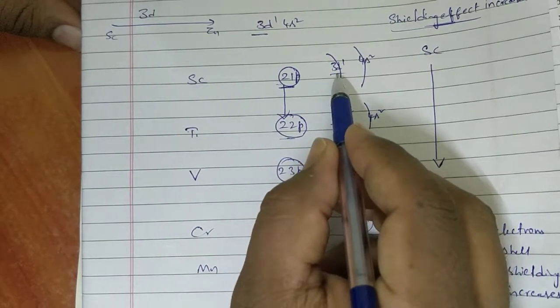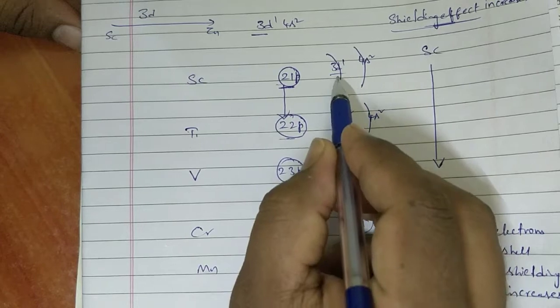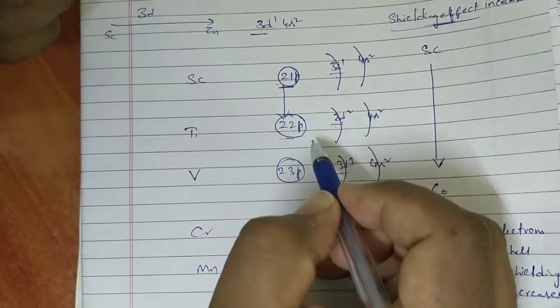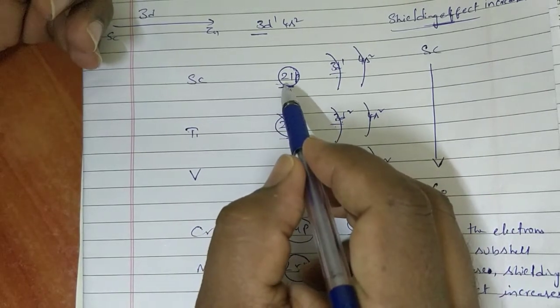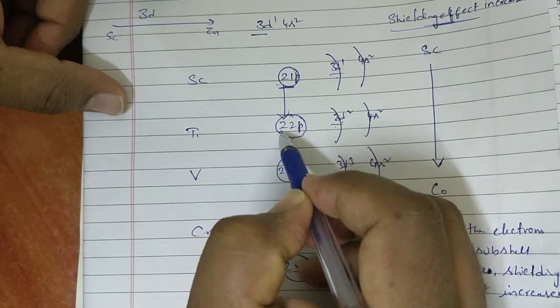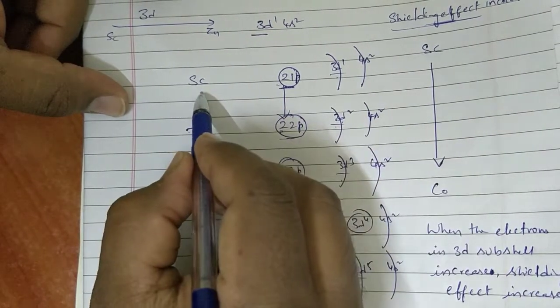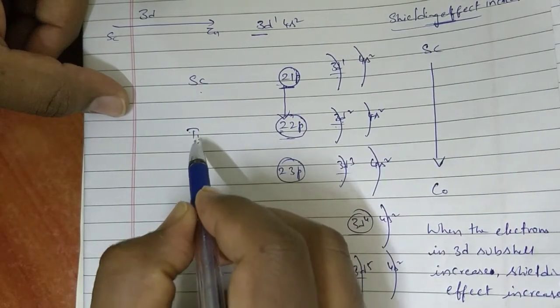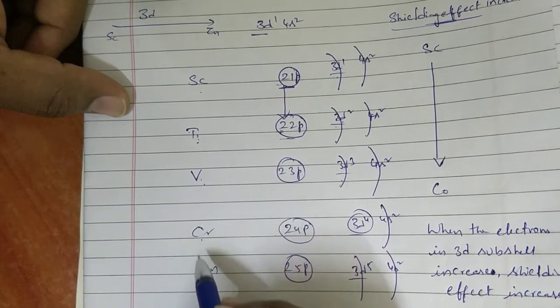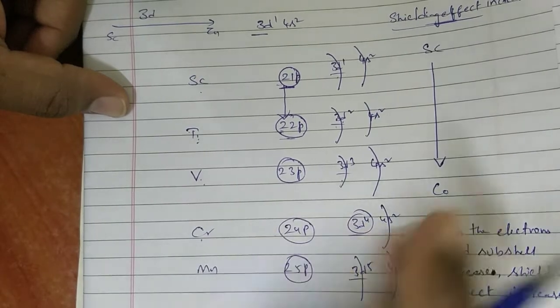Okay, shielding effect is slightly increased. 3d1 to 3d2, shielding effect is slightly increased, slightly only. Nuclear charge increases from 21 to 22. So here, scandium to titanium, titanium to vanadium, vanadium to chromium, chromium to manganese, like that.